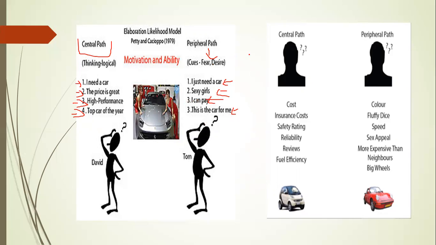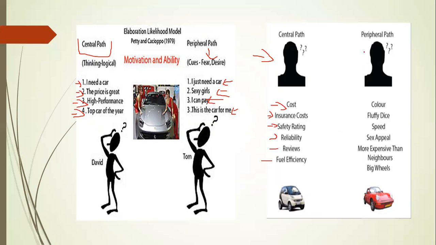Now looking at another example, the same thing with a car, central path and peripheral path. In the central path: cost, insurance cost, safety rating of the car, reliability, reviews about the car, and fuel efficiency. This is how elaboration comes up in the central path.